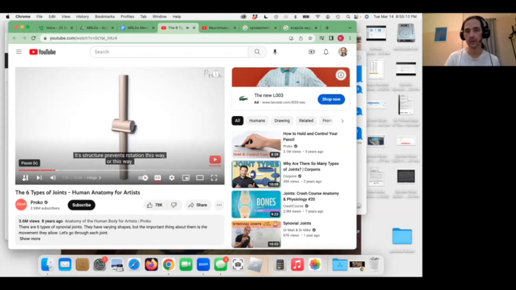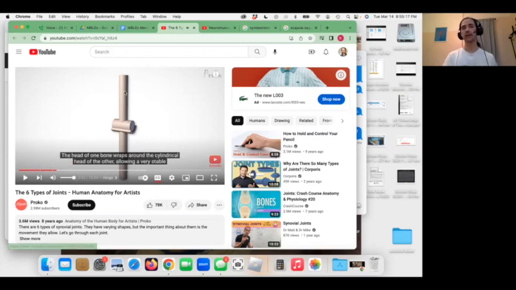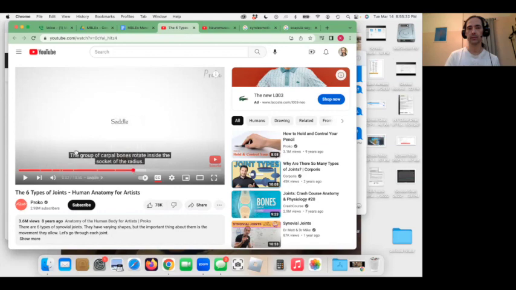Its structure prevents rotation this way or this way. It's kind of cool, right? They cannot rotate around a central axis. It also cannot abduct or adduct. And then I'm going to let him explain saddle joints, which are among the most confusing. Let's just do that now.